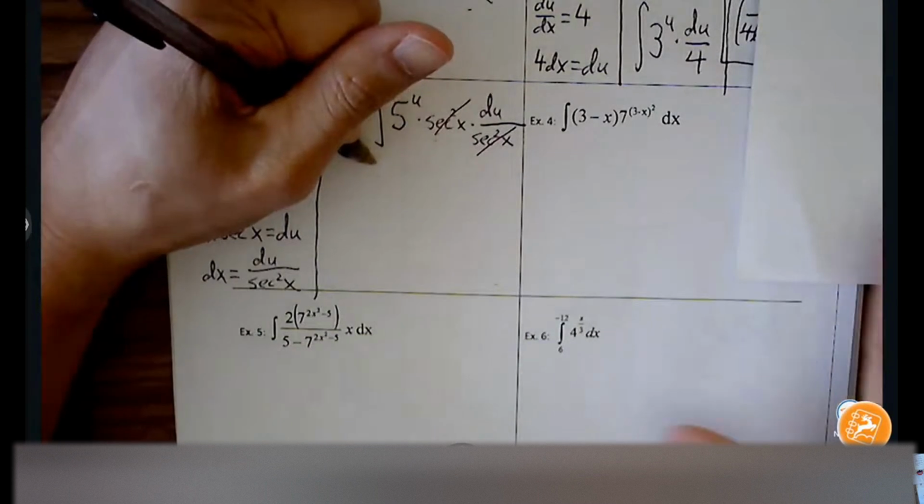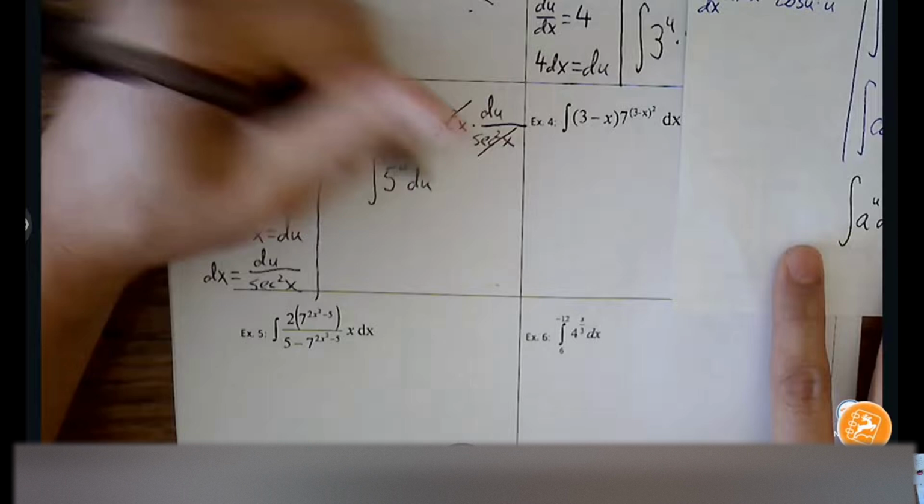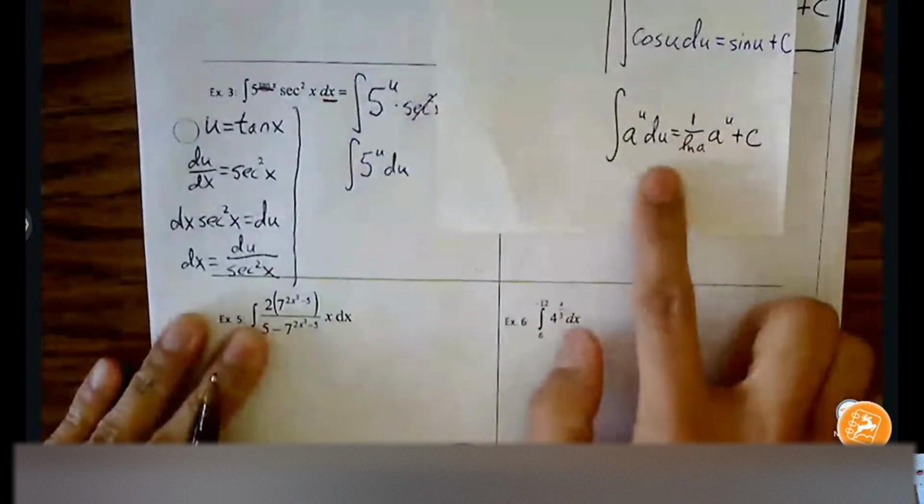Okay, we're left with integral of 5 to the u du. And we just follow our rule from here.